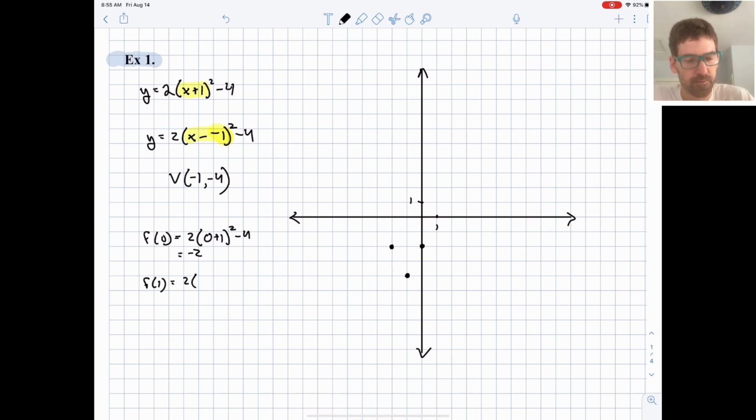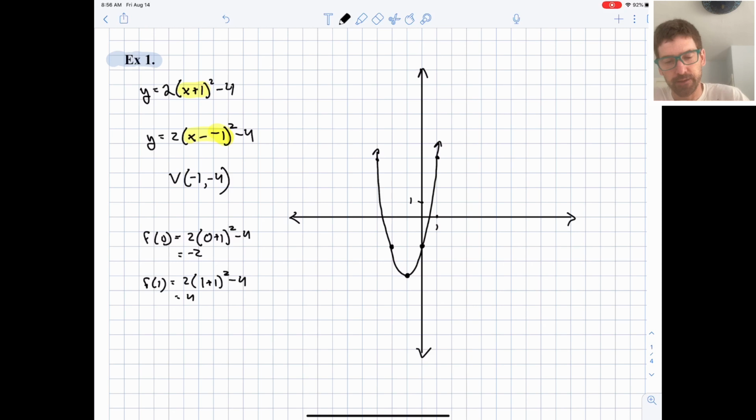That's 2 times 1 plus 1 squared minus 4. So that is going to be 4. So f of 1 is 4. 1, 2, 3, 4. Use symmetry to get that as well. So it looks like we have a pretty solid parabola that we can go ahead and graph. And we got this using vertex form. Our vertex is -1 comma -4.